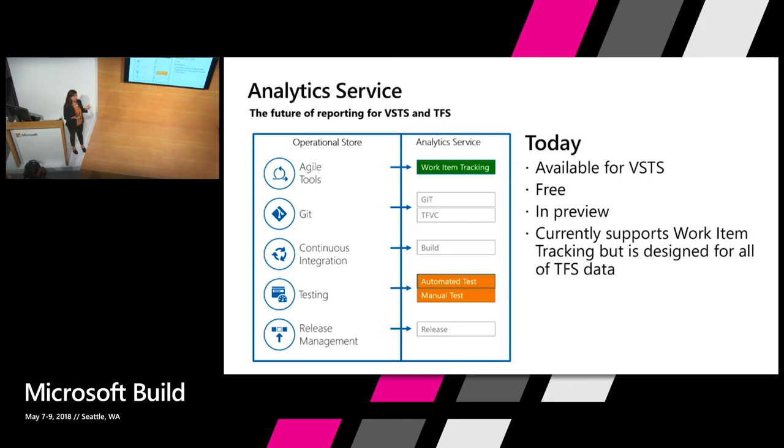The way we built analytics, it was designed to have all the data inside from the beginning, and you'll see the other data sources we're bringing in. So our future and our goal is to bring everything into analytics and have everything in one place.